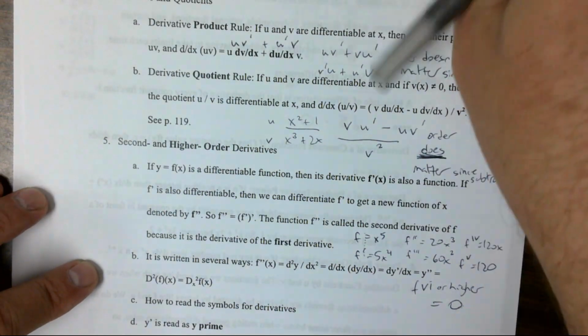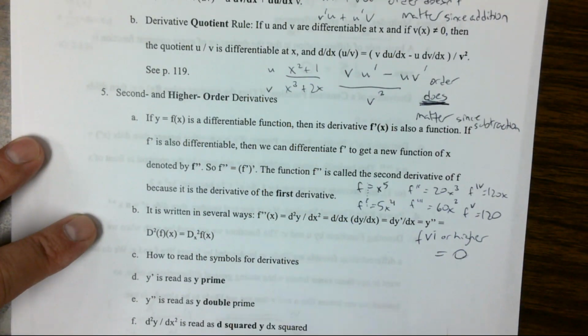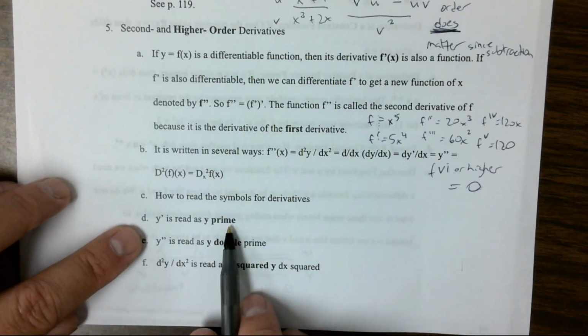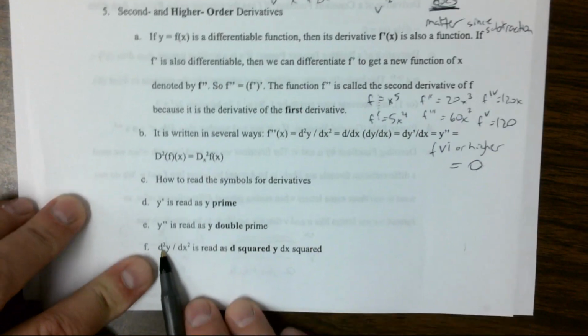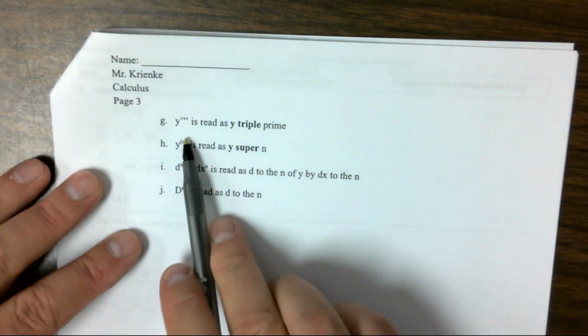Okay, and then here are your other ways to write it, but I always just use f double prime. So y prime is that one, y double prime is that one. d squared y over dx squared is how we read that. And then this is y triple prime.